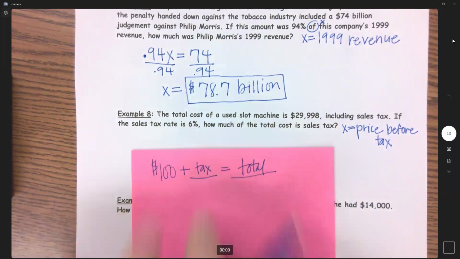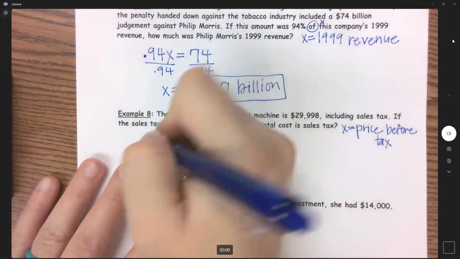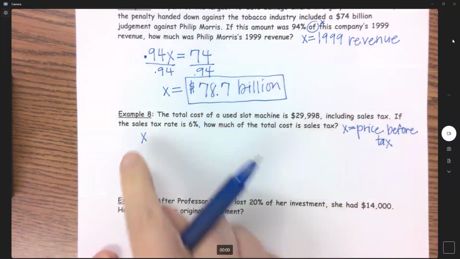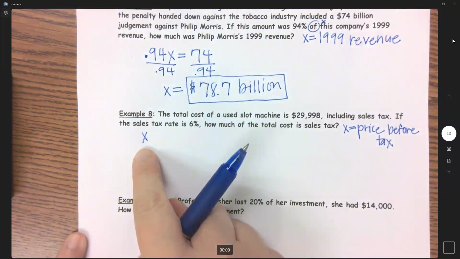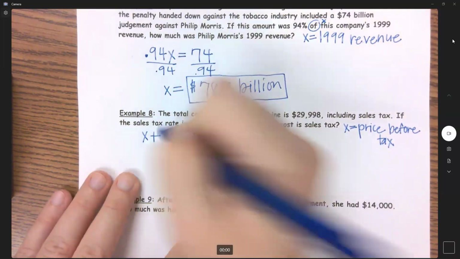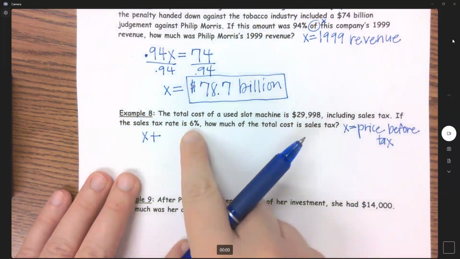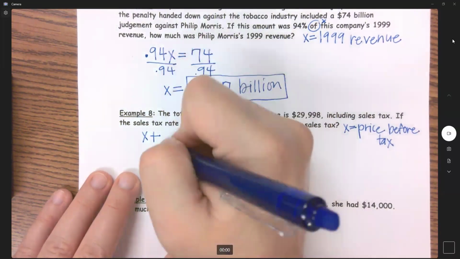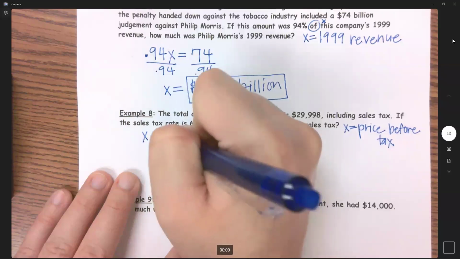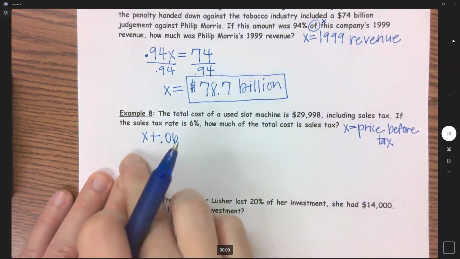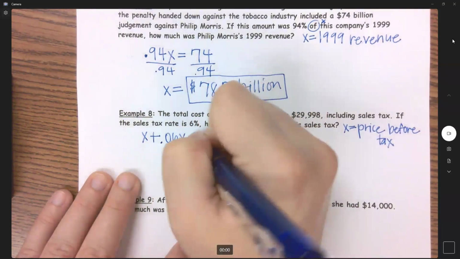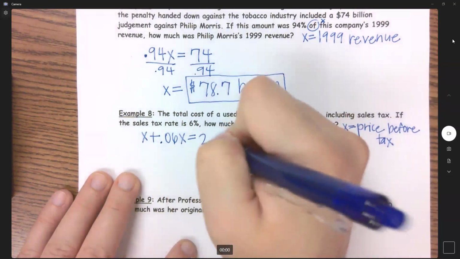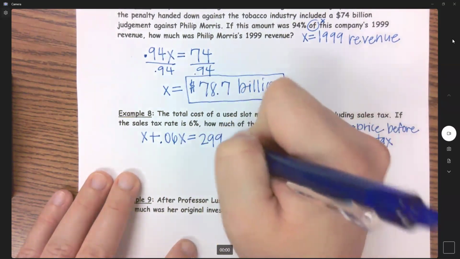So we have whatever that price is before my tax, plus, this is a decimal, move your decimal twice, 0.06 times whatever this original amount was. And that's going to equal this 29,998.